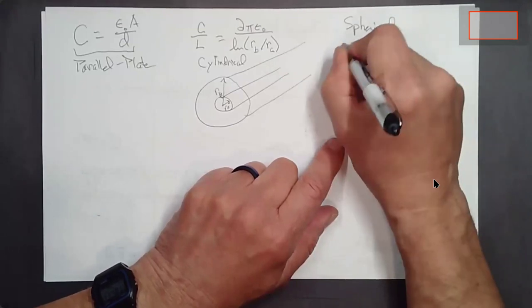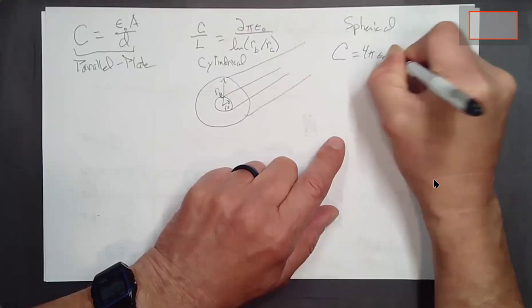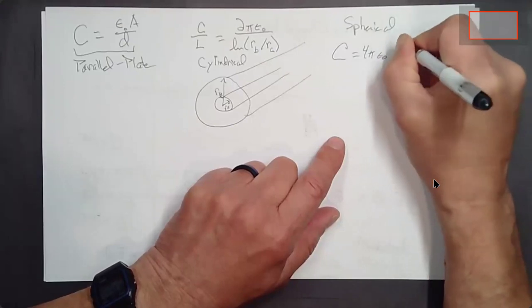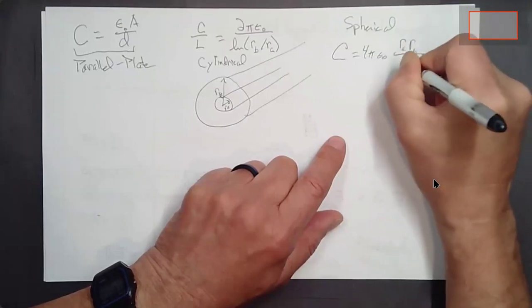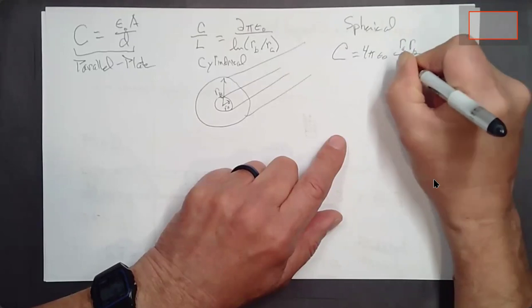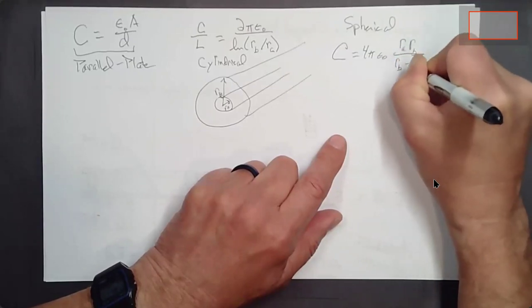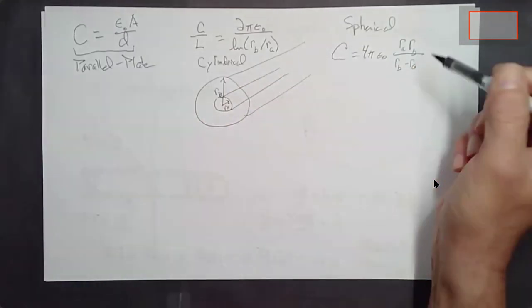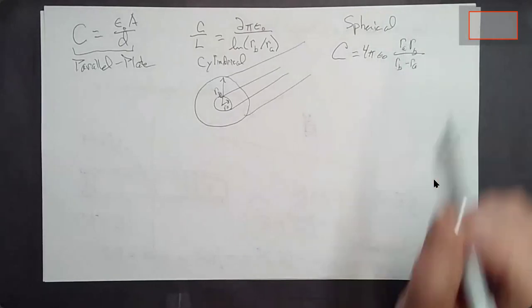But anyway, it ends up being 4 pi epsilon naught times RA RB over RB minus RA. Don't worry about that one. I don't think we're going to actually do anything with that.